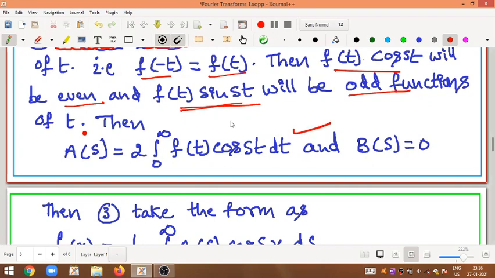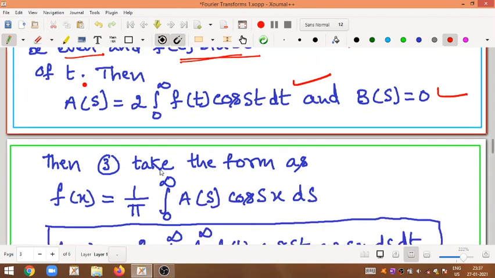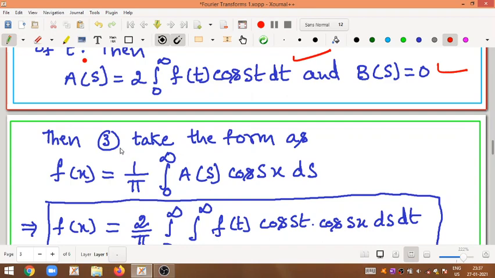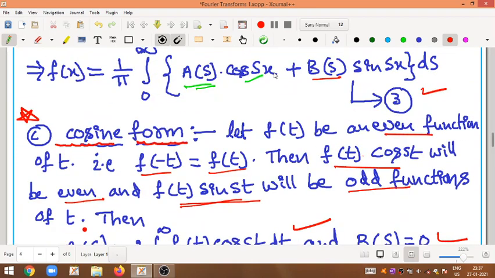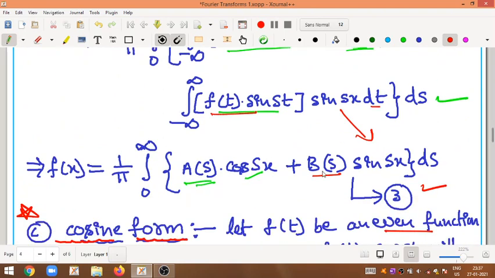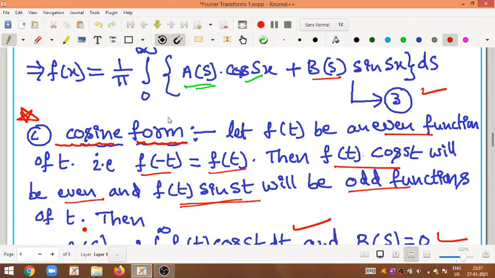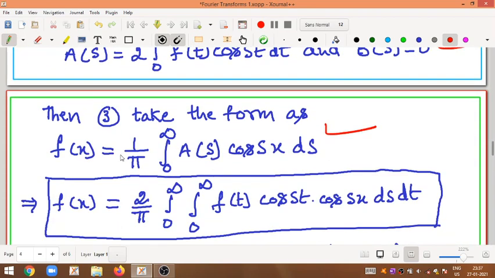And the second term vanishes, because we are taking an even function. So equation 3 takes this form: B of s becomes 0, and the remaining term is 1 by pi into the integral from 0 to infinity of A of s into cos sx into ds.